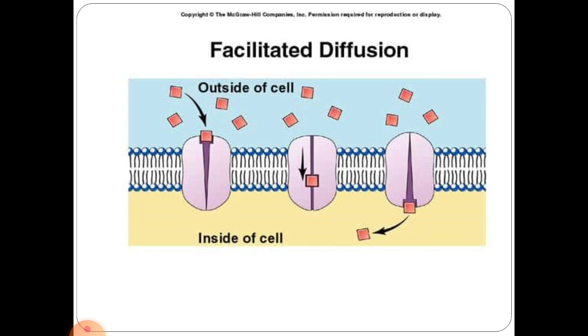In facilitated diffusion, the permeases are embedded in the membrane in this fashion, and these permeases bind to the outside solute particles or nutrients on the outer end, and they are transported along the permeases into the cell.